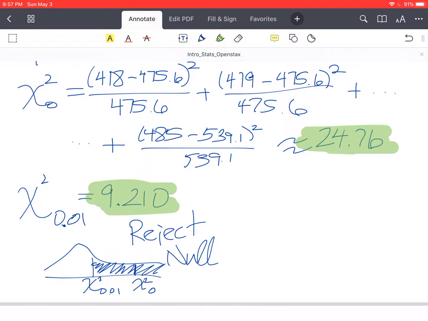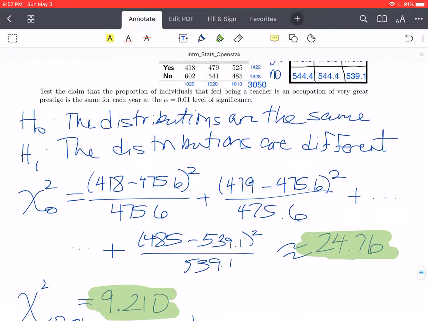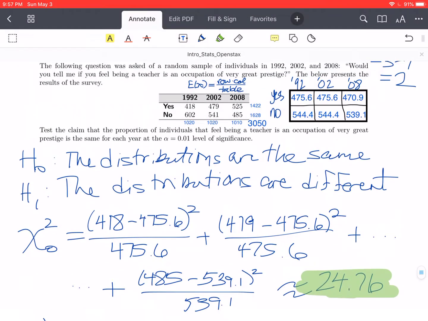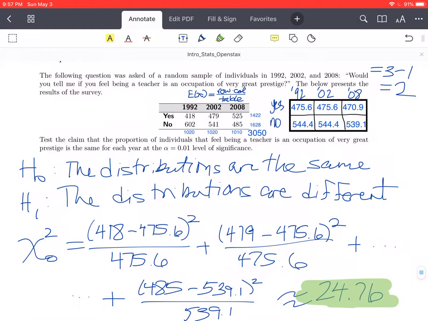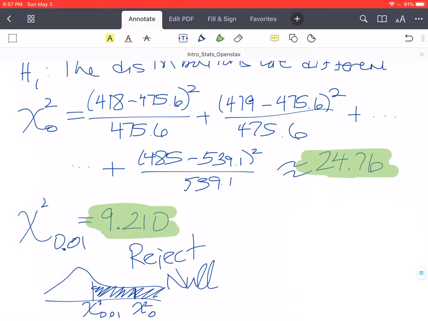Okay, so if we're rejecting the null hypothesis, what are we saying? Well, we're saying that the distributions are not the same, that they are different among those different dates. So in other words, when they ask the question to these different groups of people over the different years, the way that people answered the question was different statistically among those different years.